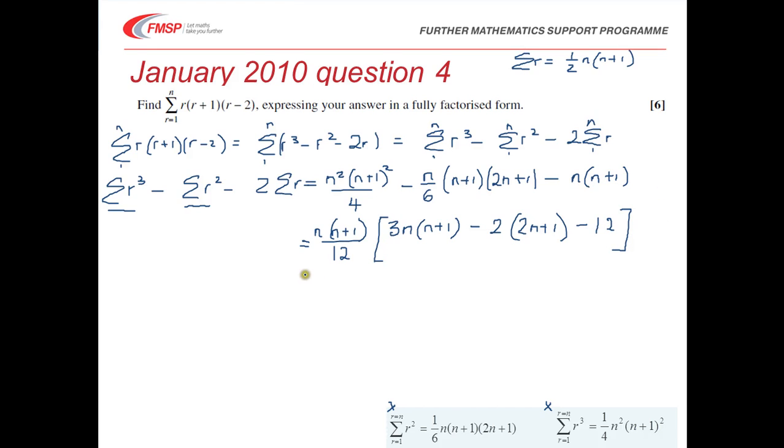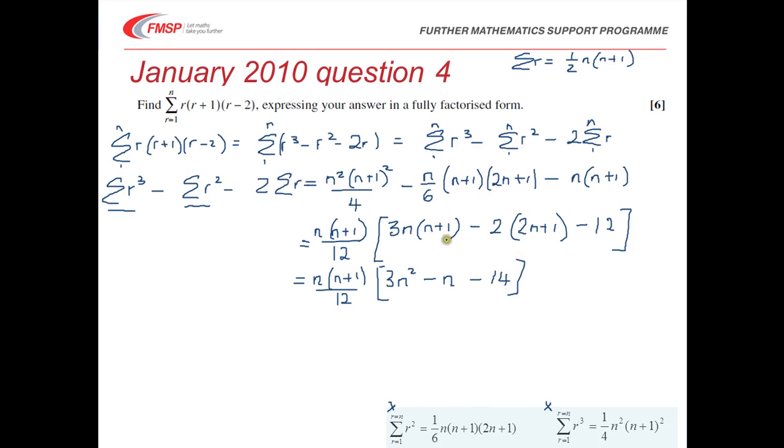So let's now multiply and simplify what's inside our square brackets. We end up with a 3n squared there. We've got a 3n and a minus 4n there, so that will be minus n. And then we have a minus 2 and a minus 12, which is minus 14.